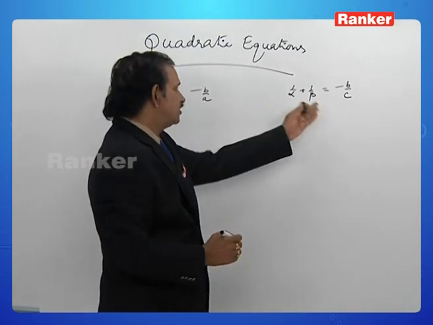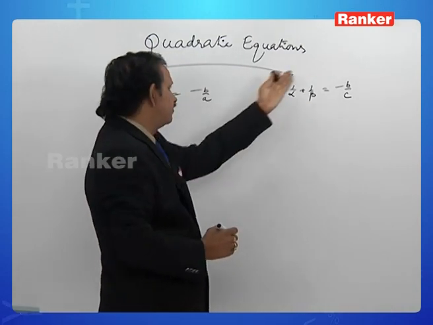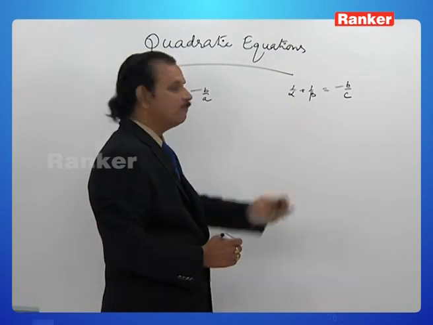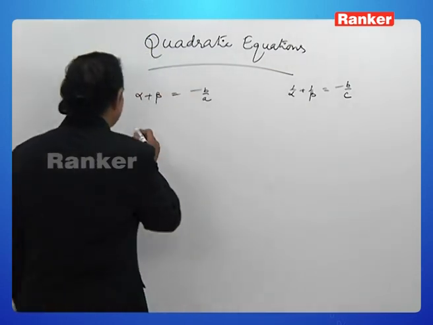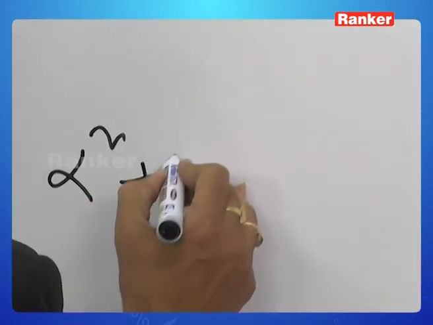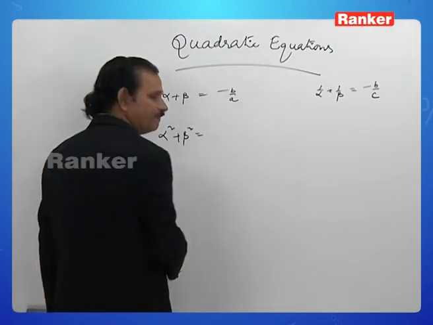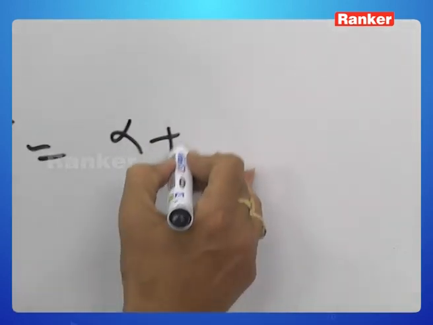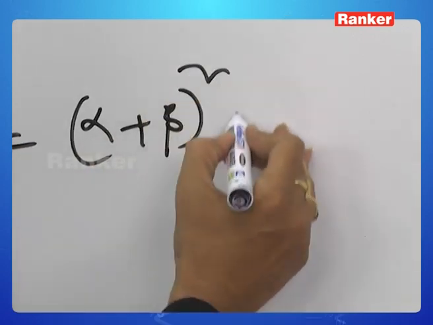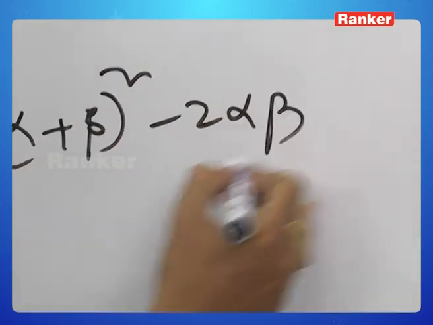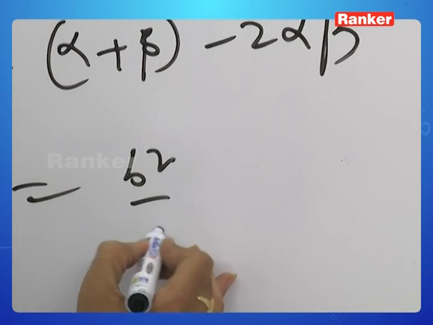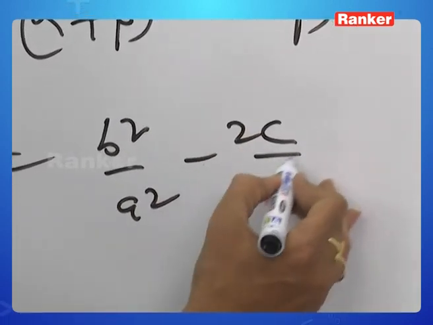So, observe the similarity here. Numerator is same. A is replaced by c. One more thing. Alpha square plus beta square. How can it be found? It is just nothing but alpha plus beta whole square minus 2 alpha beta, which is b square by a square minus 2c by a.